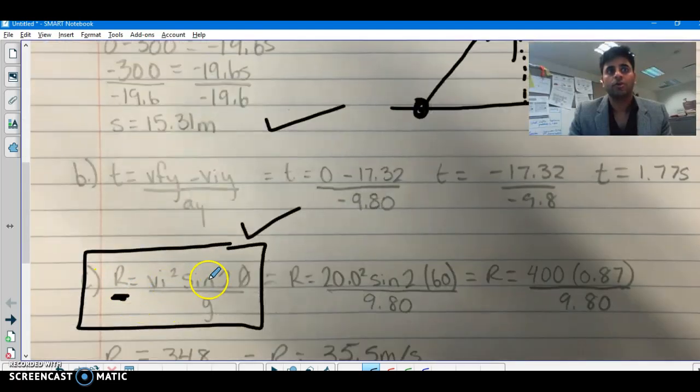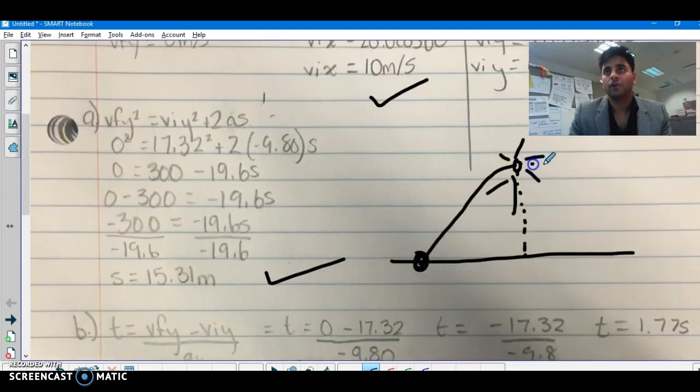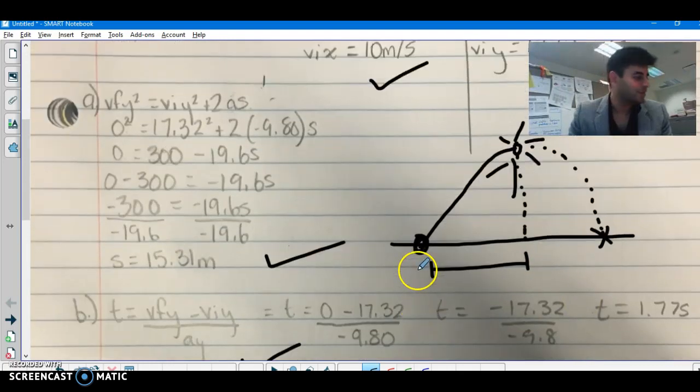But the formula that you have used will give you the range of a projectile all the way back until this point, which you do not want. You want your range up till this point. So the best and easiest way to do it is using the same equation that we always use.